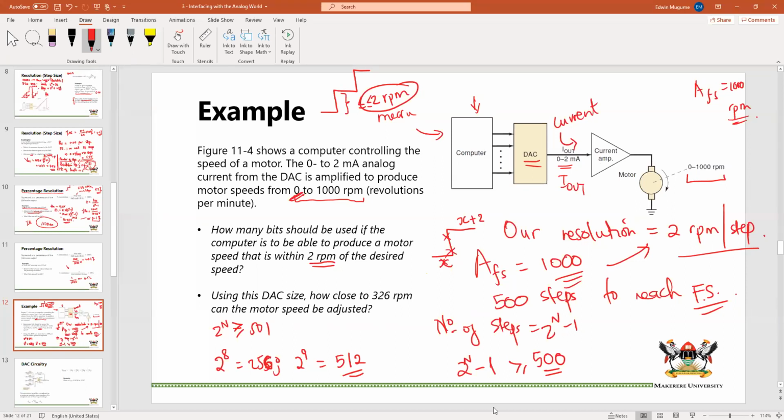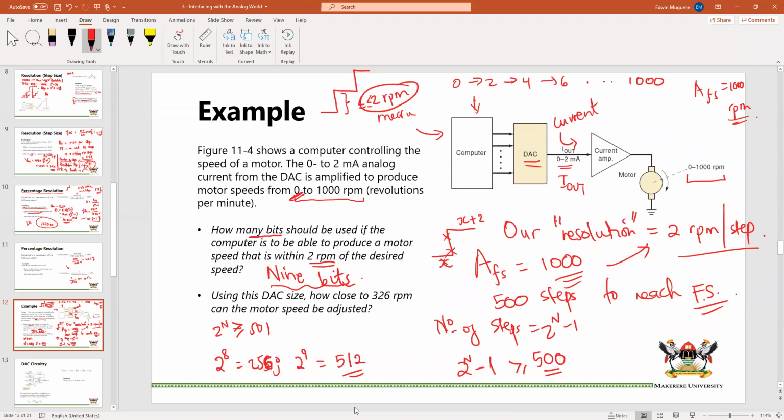That means our answer here is we need 9 bits. We need a DAC of 9 bits that can take us from 0 to 2 to 4 to 6 all the way to 1,000, going through 512 steps.